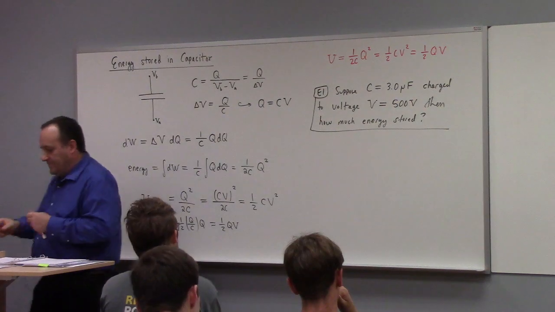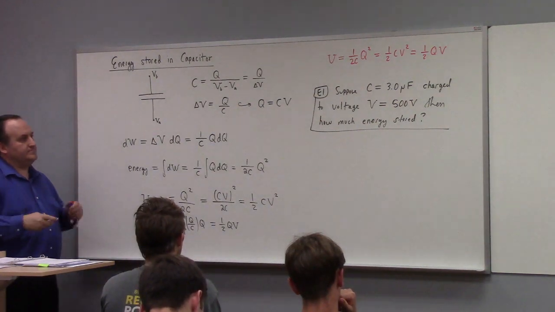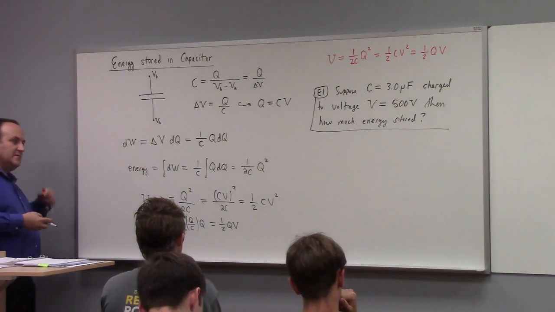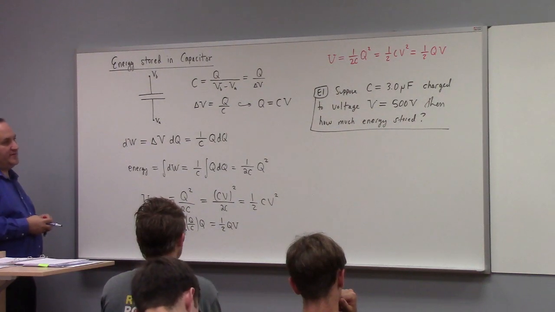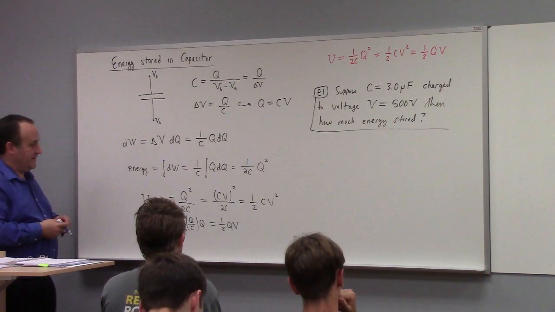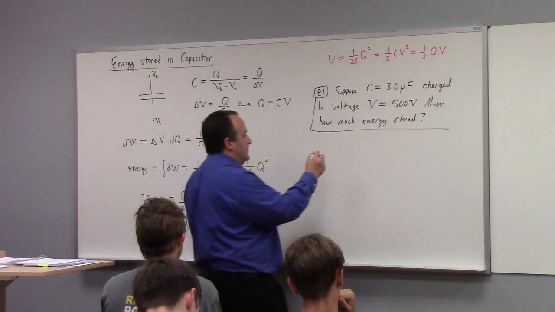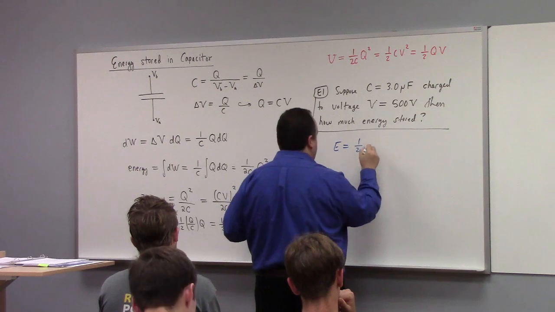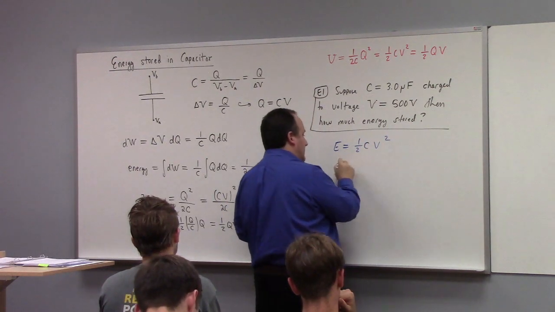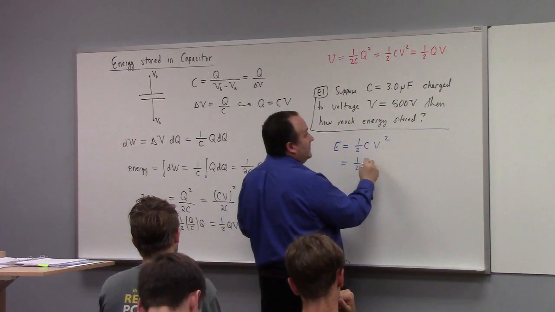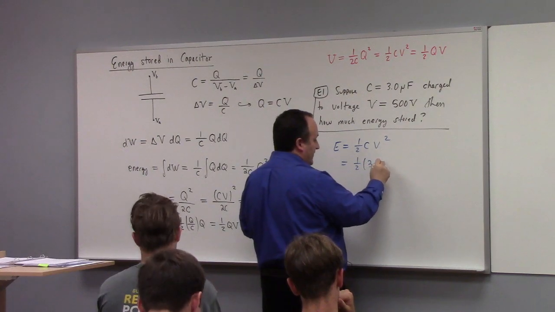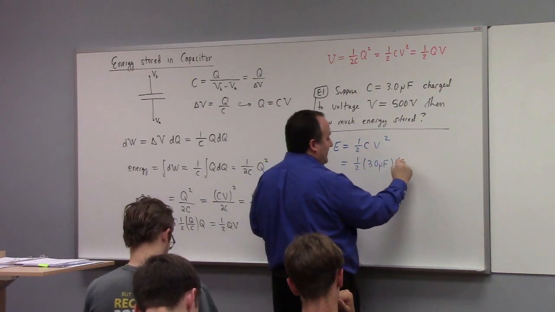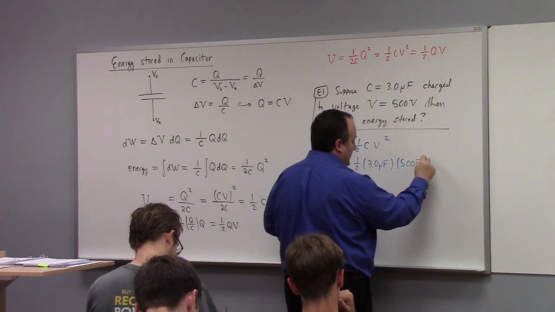So let's work it out. Which formula should we use? Well, if we don't want to make ourselves work, I think we should use the CV formula, right? So energy in this case is 1/2 CV squared, which would be 1/2 times 3.0 microfarads times 500 volts squared.